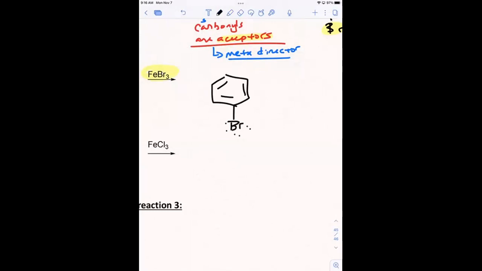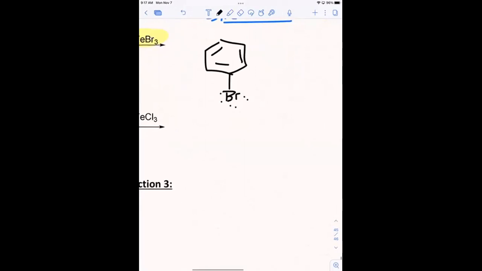So bromine and your halogens, we typically think of them as acceptors because they're electronegative atoms. They can cause a dipole, a polarized bond. But when the halogen is on an aromatic ring, it's actually a donor. In the aromatic system, it's a donor.